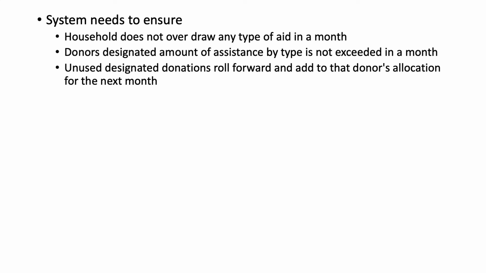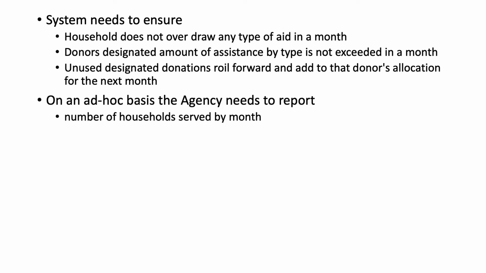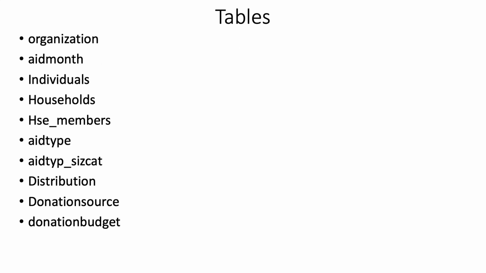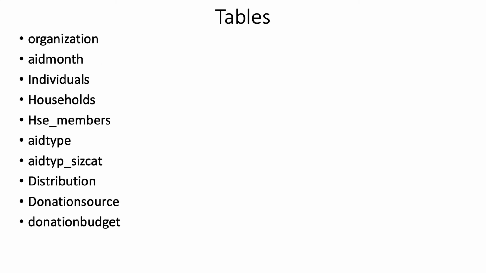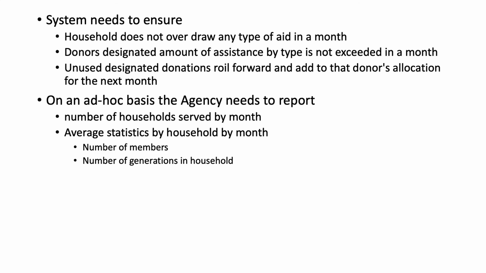Unused designated donations roll forward and add to that donor's budget or allocation for the next month. So we need to be sure that we can do that, and I think these tables will. On an ad hoc basis, the agency needs to be able to report the number of households served by month, and I think we can sort these data tables and get that. The average statistics for household by month, the number of members, and I think these tables will let us sort on the house members and get that.